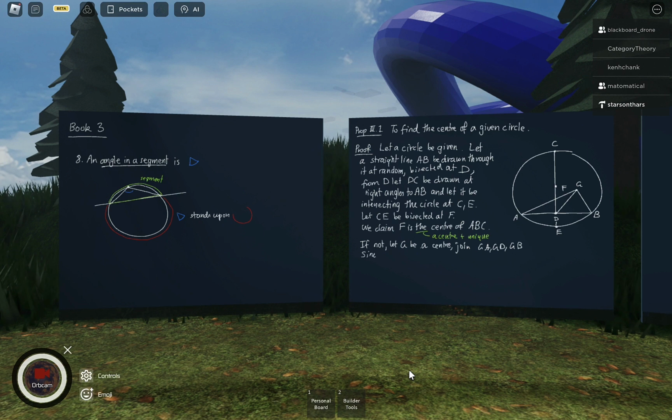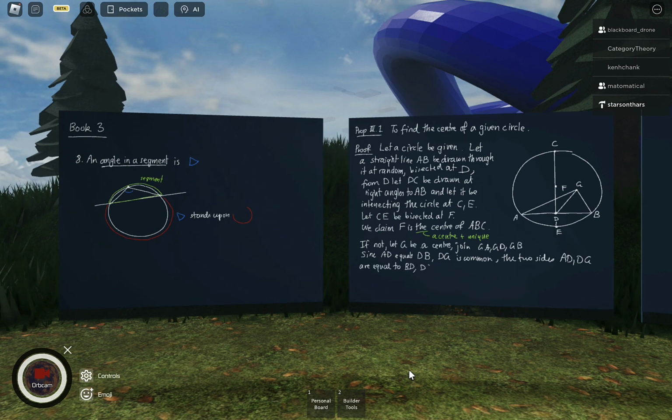Since AD is equal to DB by construction, and DG is common, the two sides AD, DG are equal to BD, DG respectively. Let's see.